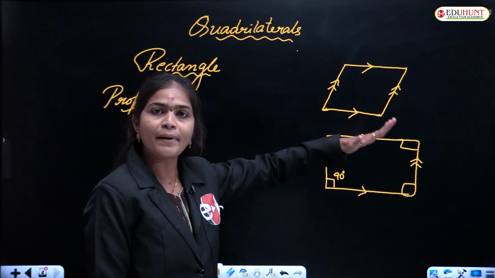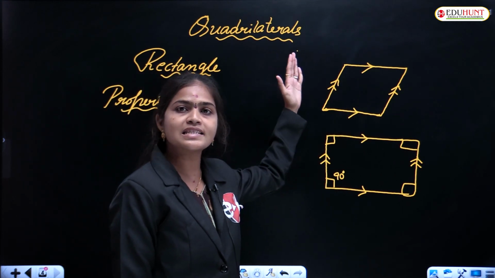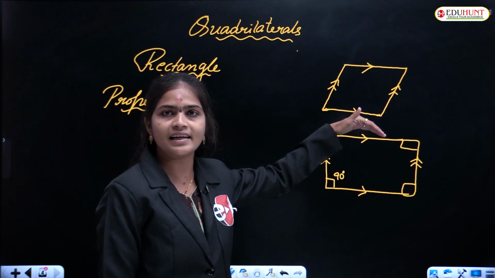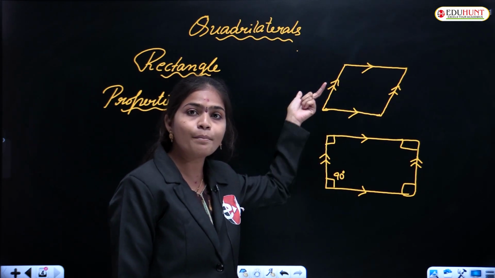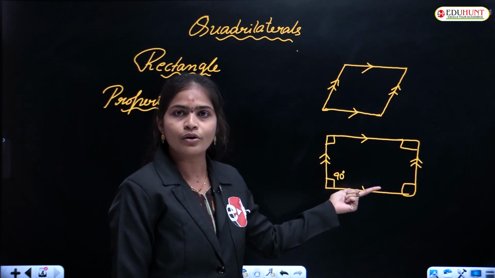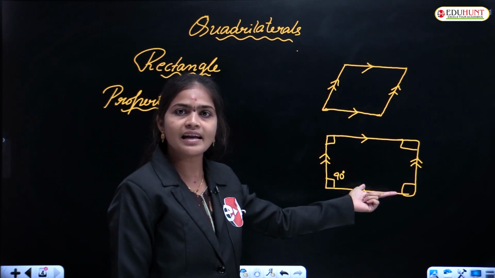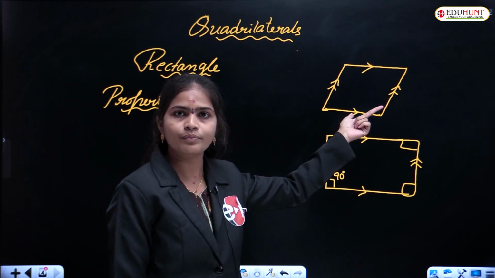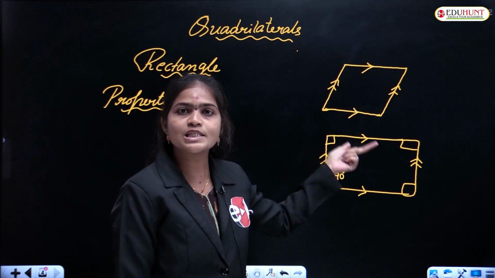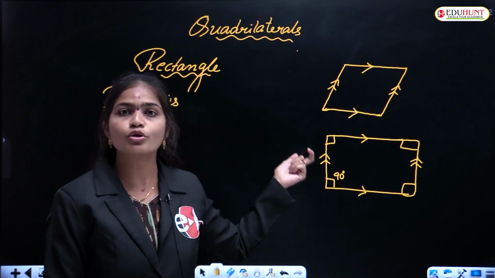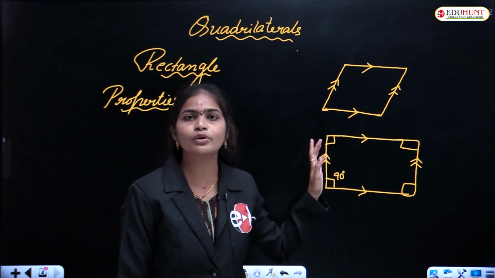Why? Because in a parallelogram, if only one of the angles is 90 degrees, then the remaining three also become 90 degrees, and the parallelogram becomes a rectangle. So a rectangle is also a parallelogram, no? Yes or no?